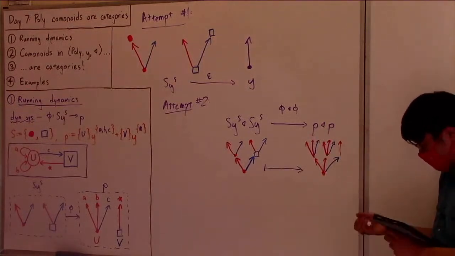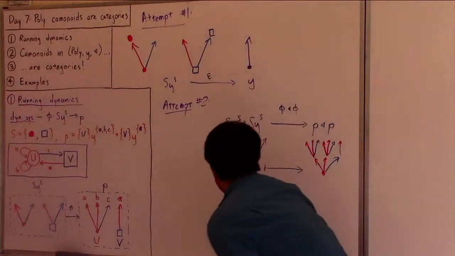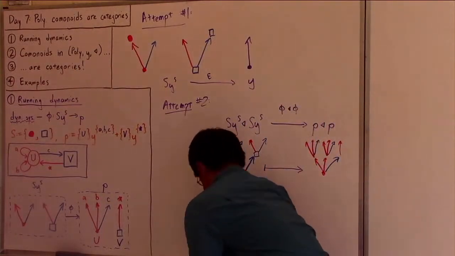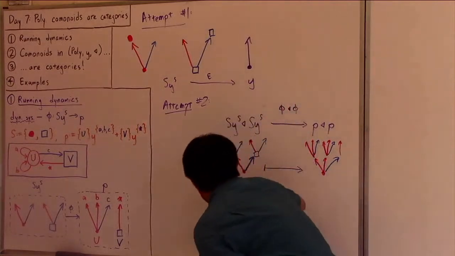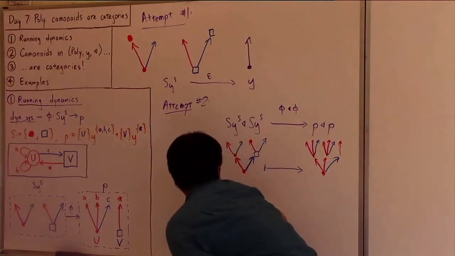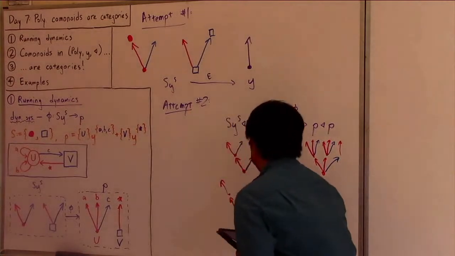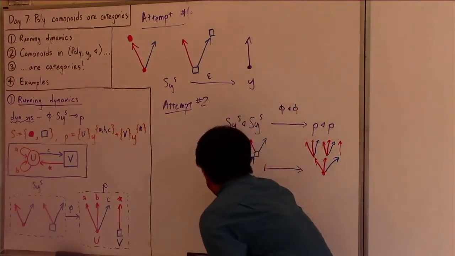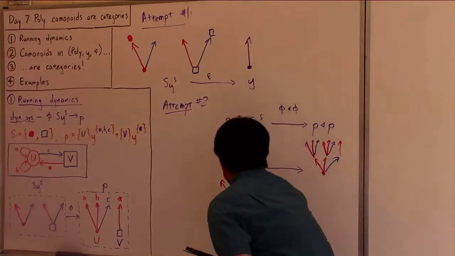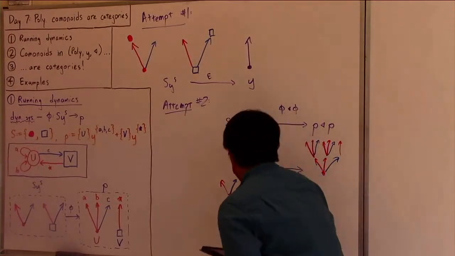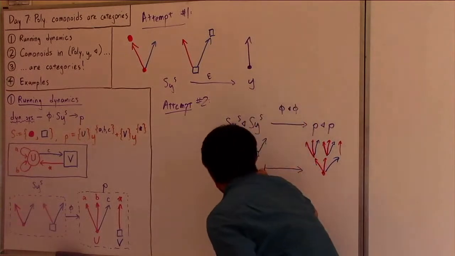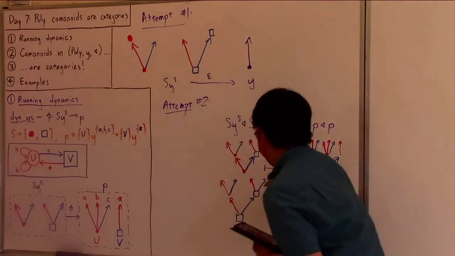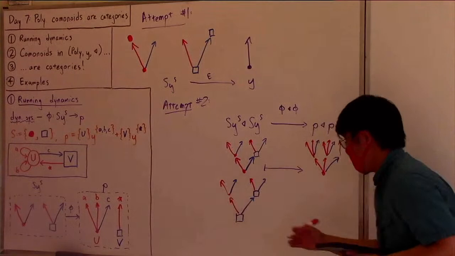Okay, but we also need to know what happens if we start at the blue state. So I'm going to draw this a little bit quickly here, because we've already seen this once. And here, the particular position we're going to pick is the one that actually assigns the right positions to the right directions here.